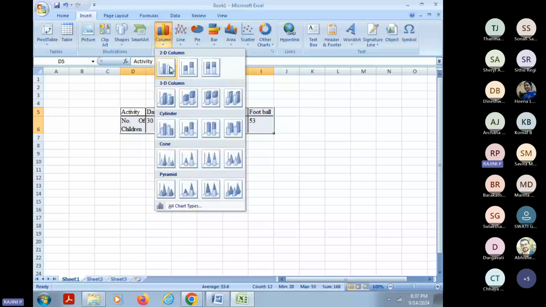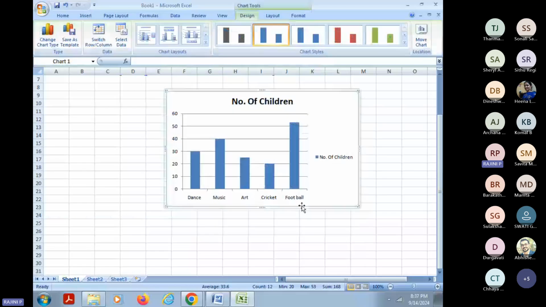After getting this graph, anybody will not easily understand it. You need to give the titles of the X and Y axes and the main heading, right? So click on this graph, then only you will find the chart tools option in the menu bar.